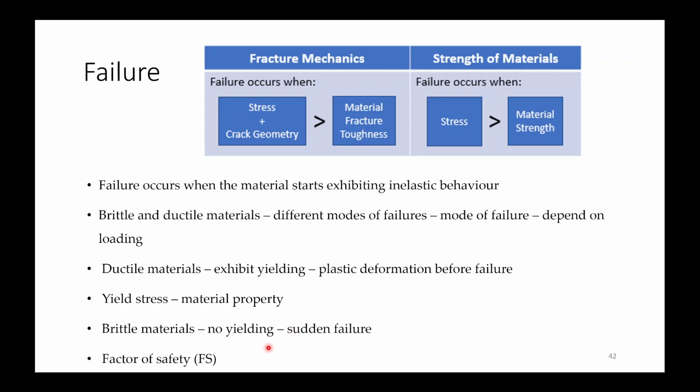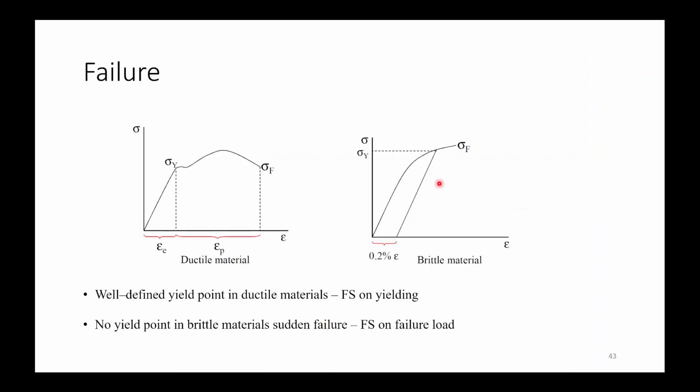In the case of brittle materials, it is taken based on the failure load, because there is no yield point and sudden failure takes place. In the case of ductile materials, they have a well-defined yield point, so the factor of safety is applied on yielding.